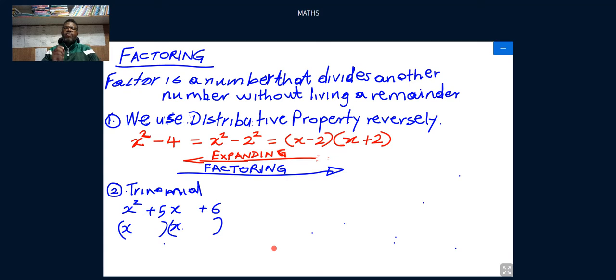Now we are looking for factors. We're doing factorization. What are the factors of 6?